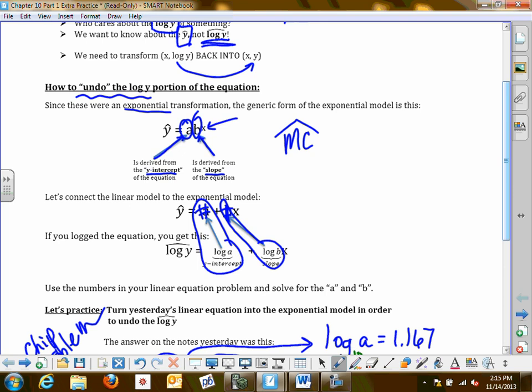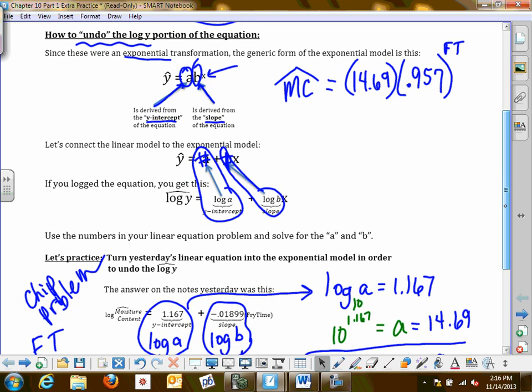Predicted moisture content equals the a value, which is 14.69, times the b value, which is 0.957, to the exponent, which is the fry time. Done. Now, I want to tell you what this actually has done for us.